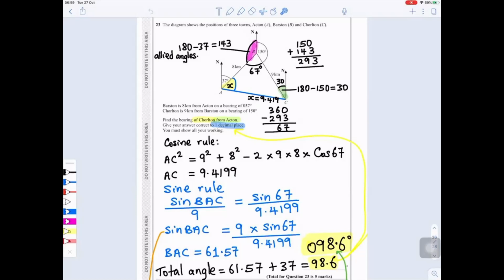Now we're going to use the sine rule. In the sine rule, sine of angle BAC. Angle BAC is shaded yellow and is labeled X. Sine of angle BAC divided by the side opposite that angle, which is 9, equals sine of 67 divided by the side opposite, which is 9.4199, which is what we worked out.